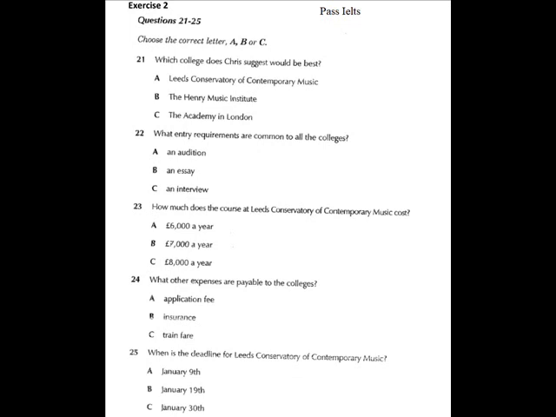Next comes the Academy in London, and the cheapest is Leeds Conservatory of Contemporary Music. How much are they exactly? Well, for a full-time course lasting 1 year, it's £7,000 at the Academy in London and £6,000 at Leeds Conservatory of Contemporary Music.